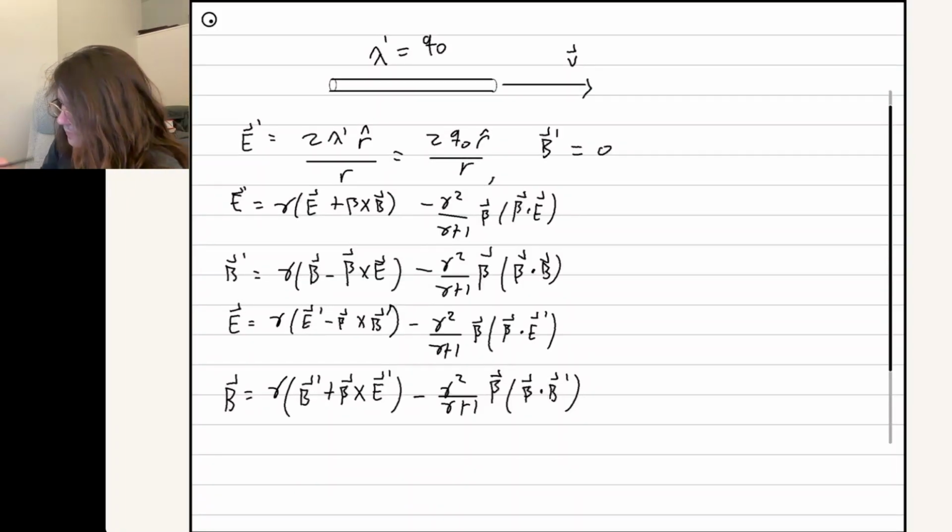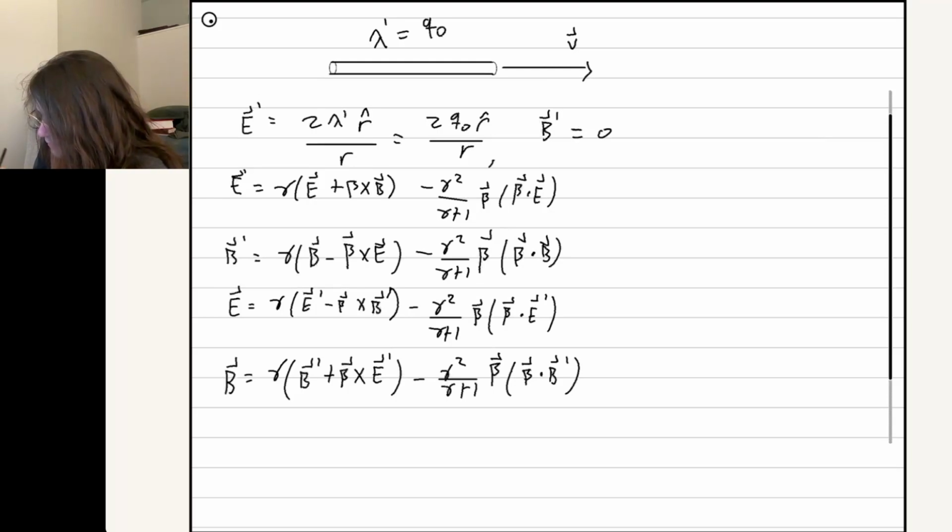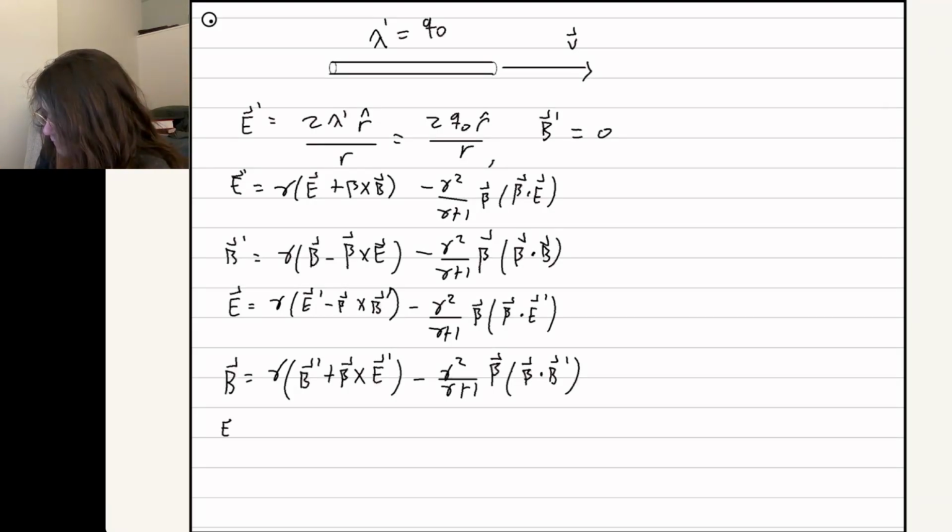So that's cool. We can now just use these equations to figure out what these are. The electric field will be given by gamma, and then E prime was just 2q naught r hat over r. But B prime was 0, remember? So that's done.